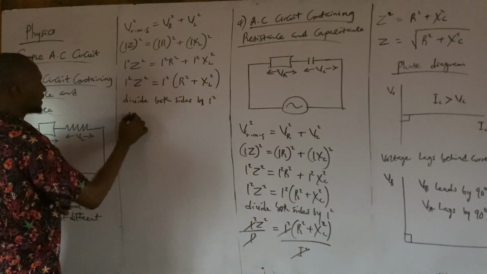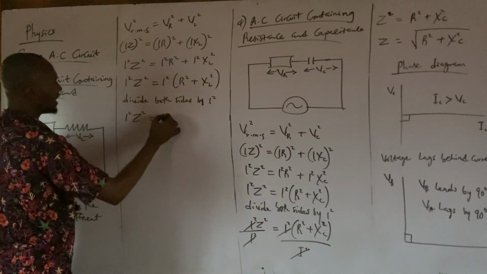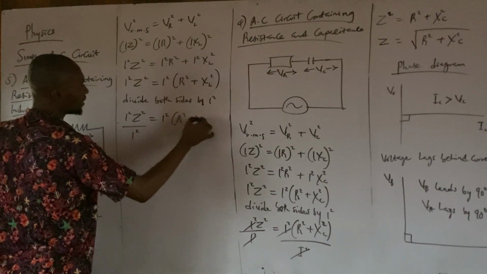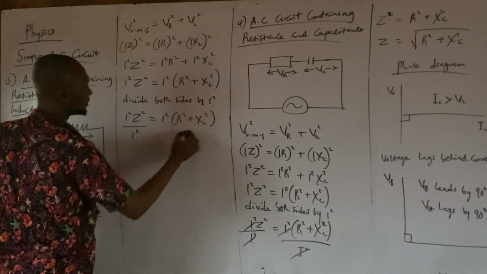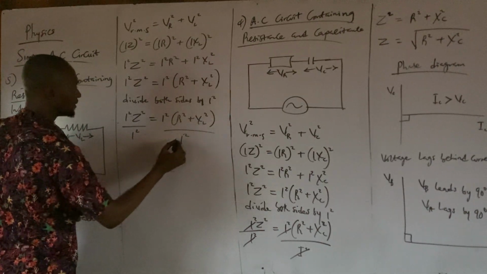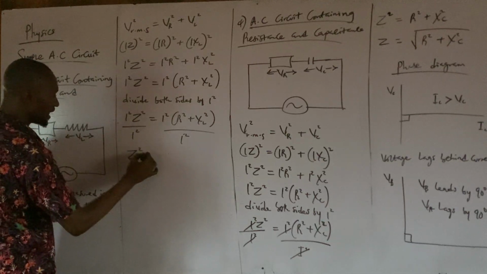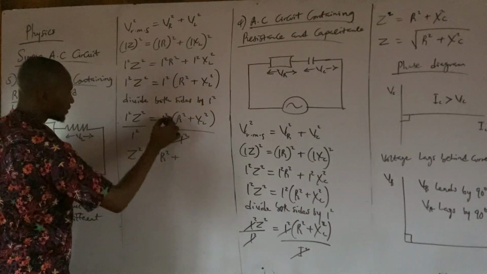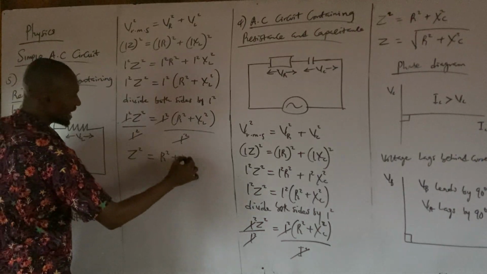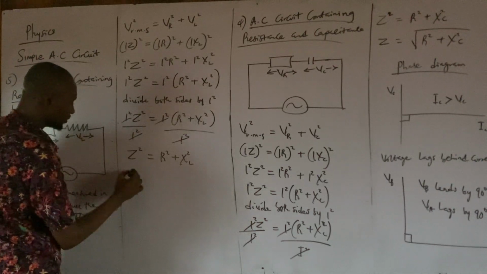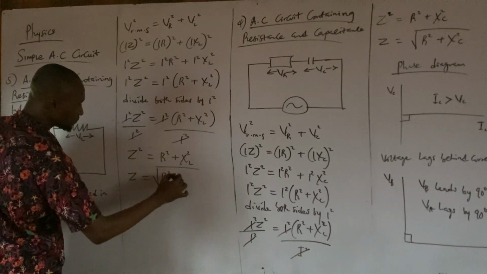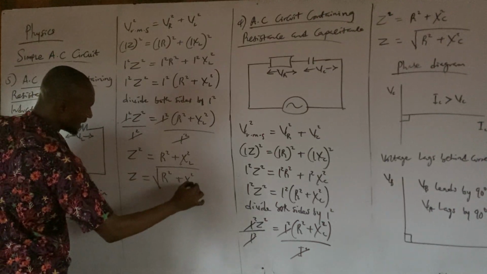We have I squared Z squared equals I squared bracket R squared plus XL squared over I squared. So Z squared equals R squared plus XL squared, so Z is equal to the root of R squared plus XL squared.